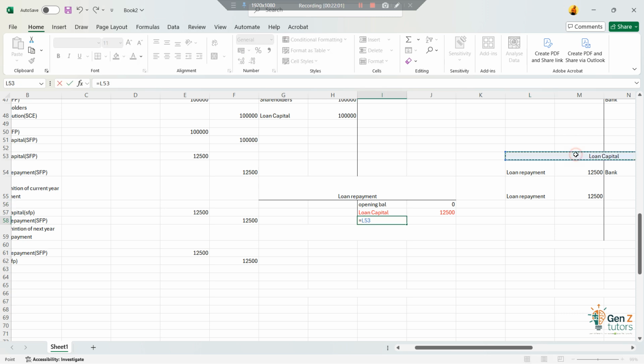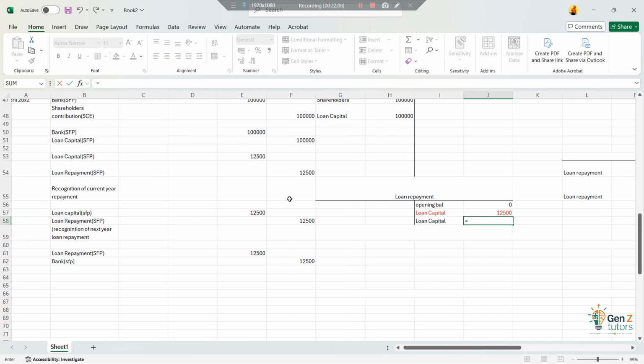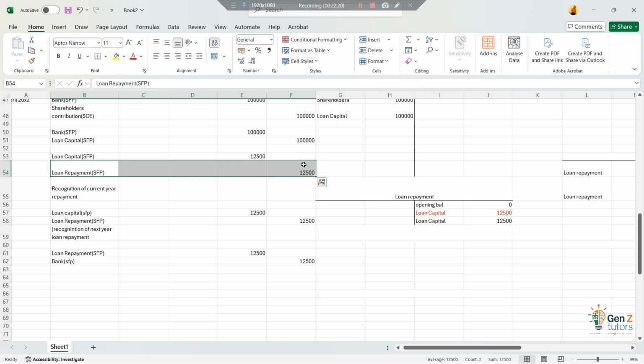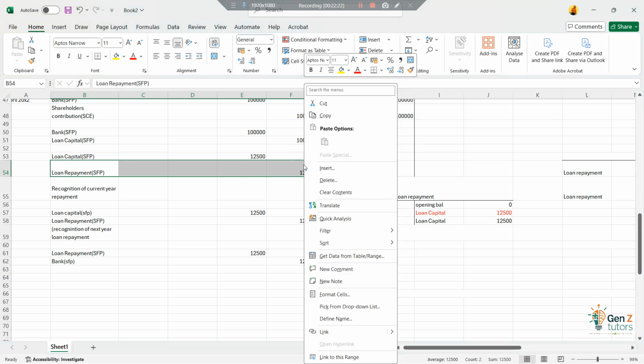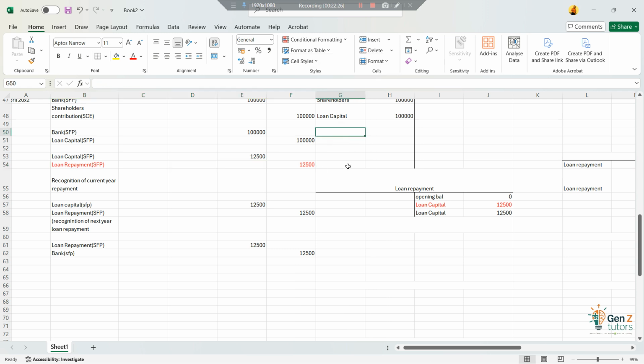And then after this loan capital, what are we going to do? Again, even before the payment or after the payment, that's fine, whichever. It's just that we didn't enter the date. Again, we're going to recognize the loan capital portion that we are removing for the next year, which is going to be similarly the same transaction. We'll have loan repayment over here, due to how much? 12,500.